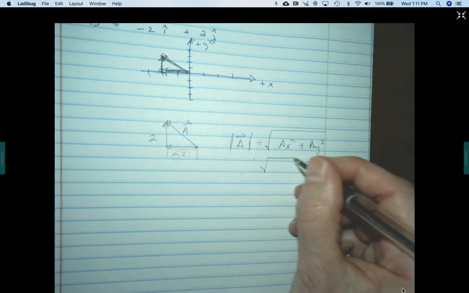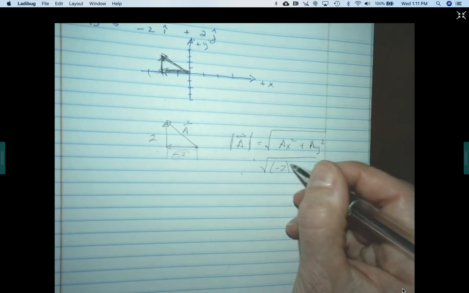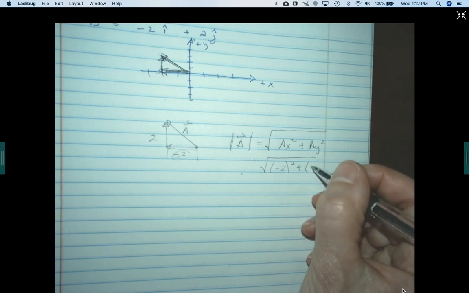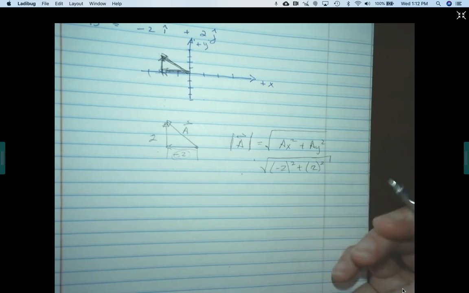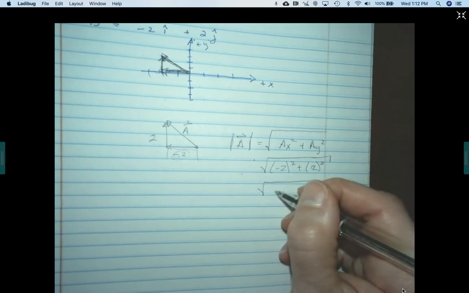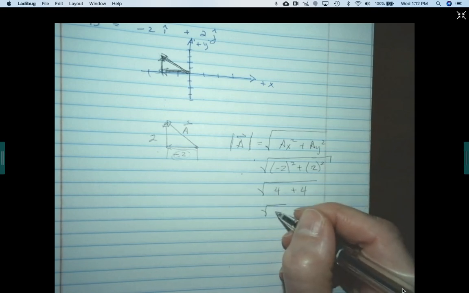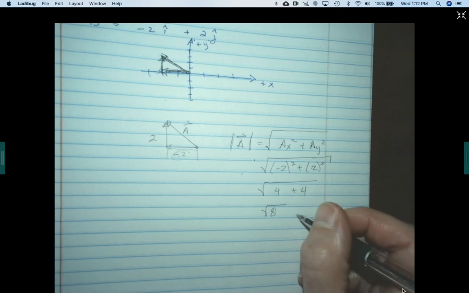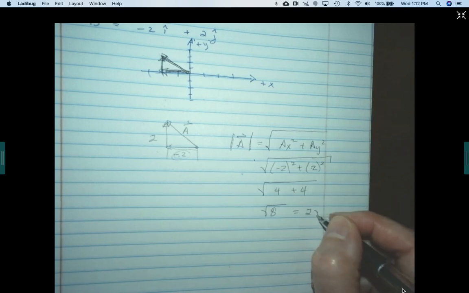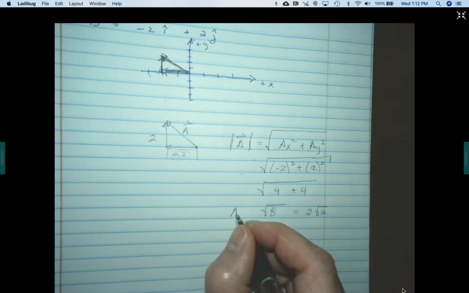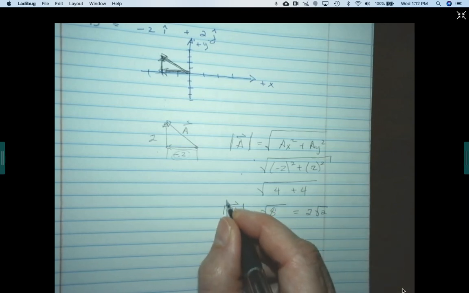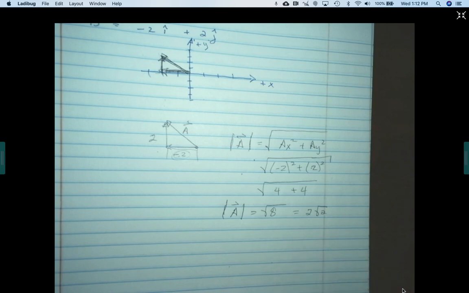So we have the square root of negative 2 squared plus 2 squared. So we get the square root of 4 plus 4, the square root of 8, which is 2 square root of 2, right? So that's the magnitude. We can get an actual number for that if it makes you feel better.